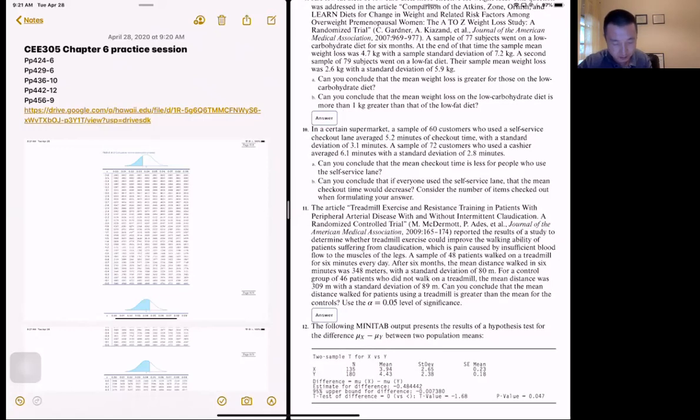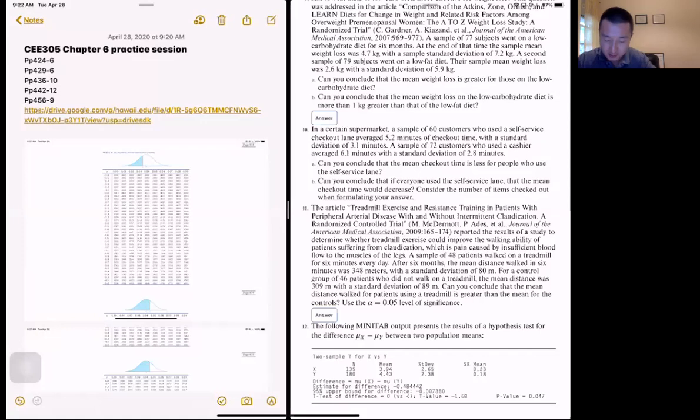So in a certain supermarket, a sample of 60 customers who use self-service checkout average 5.2 minutes of checkout time, with standard deviation of 3.1 minutes. Another sample, 72 customers who use the cashier, average 6.1 minutes with standard deviation of 2.8 minutes.